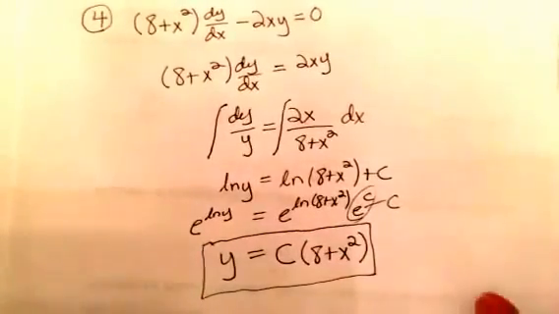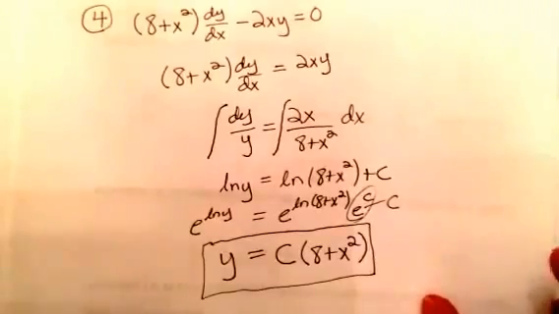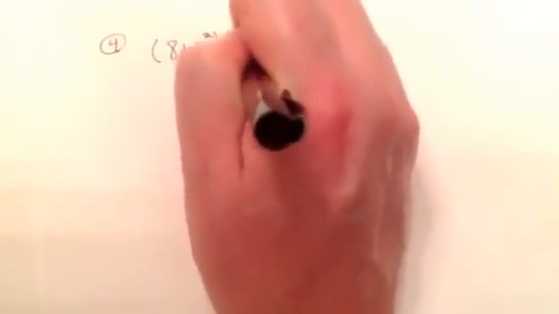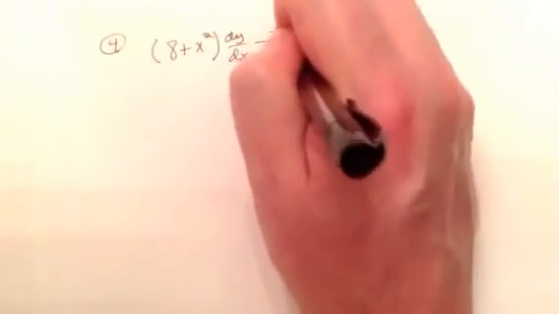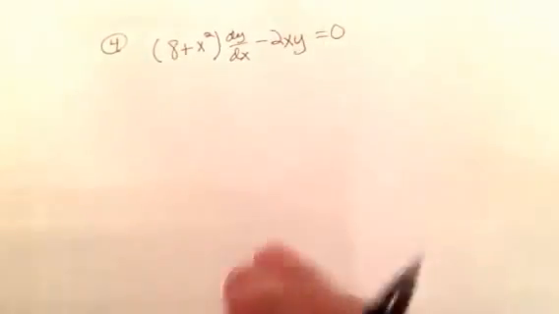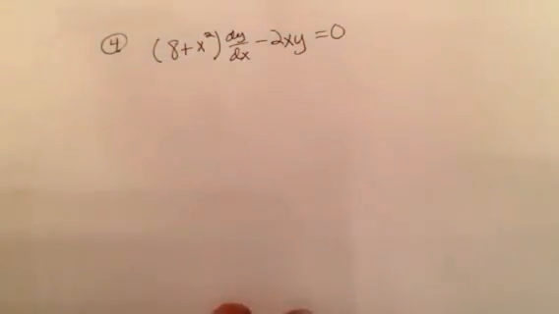Now, let me show you another way of doing number 4. We have 8 plus x squared dy over dx minus 2xy is equal to 0. This is one where we can use the integrating factor.